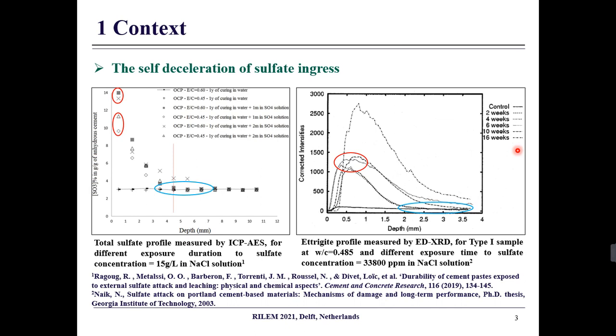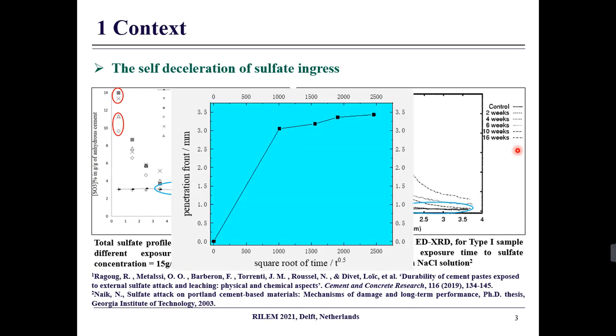Besides, the penetration from the two figures advanced very slowly with time. If we take a simple calculation of the results in every figure, we can say the front is not proportional to the root of time, and the diffusion rate decreased dramatically. That is to say, we cannot consider this problem just as a simple diffusion case.